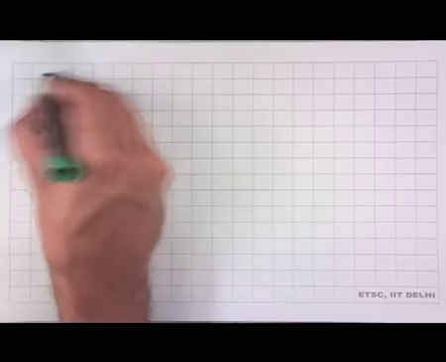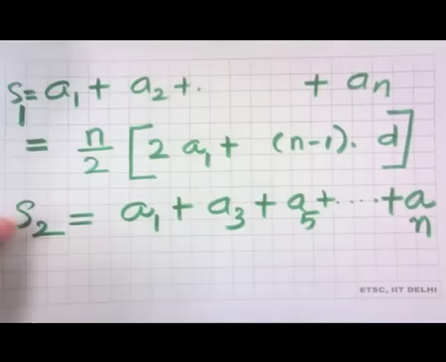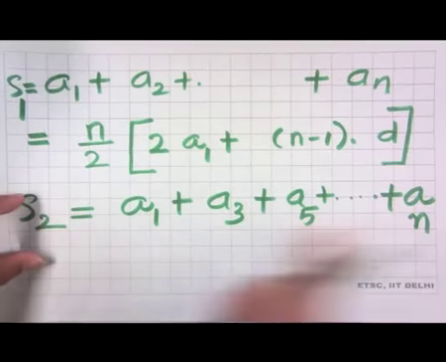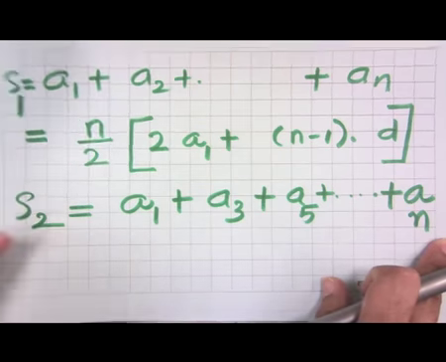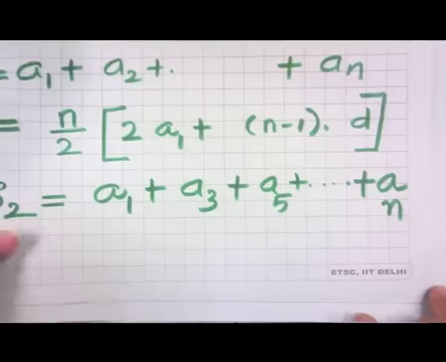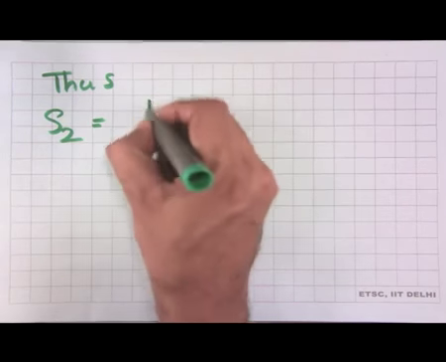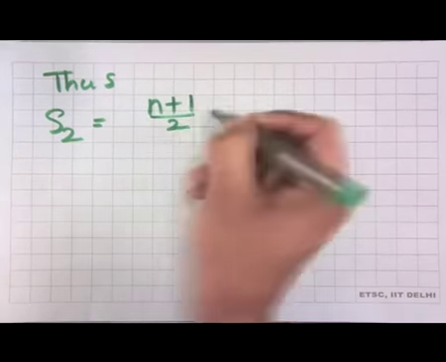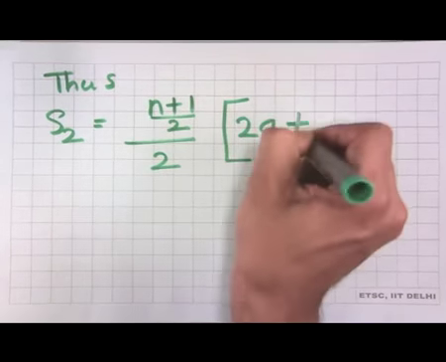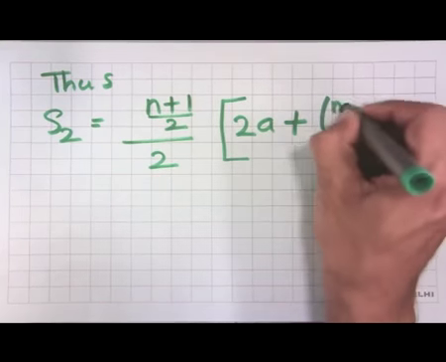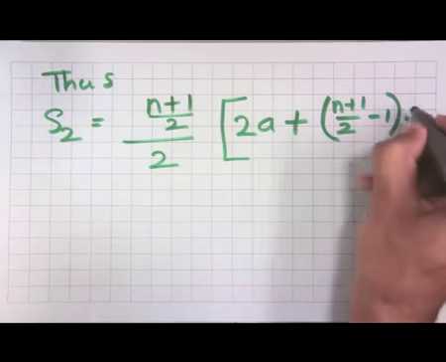Thus, S2, being the sum of (n plus 1) by 2 terms of an AP with common difference equal to 2D, receives the formula S2 equal to (n plus 1) by 2 into 2A1 plus ((n plus 1) by 2 minus 1) times the common difference.